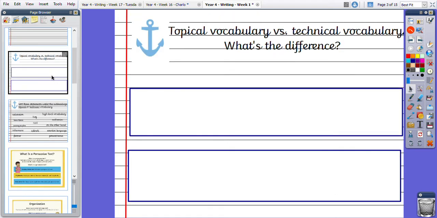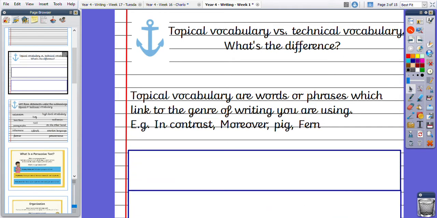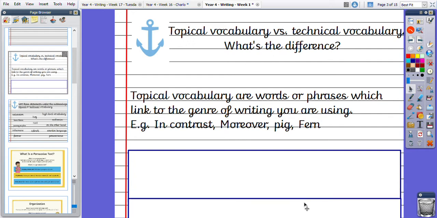So your anchor task, we are looking at topical versus technical vocabulary and what the difference is between them. As a reminder, topical vocab are words or phrases which link to the genre of writing you are using. So it might be in contrast, moreover, so these are adverbs that you might use to link your paragraphs together.